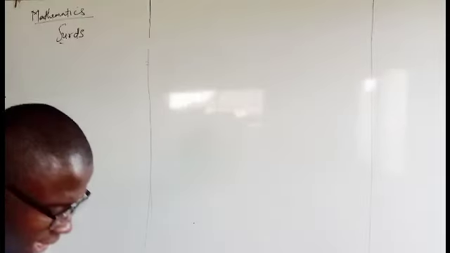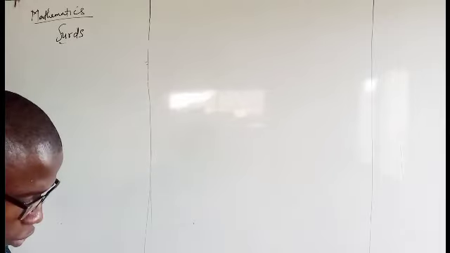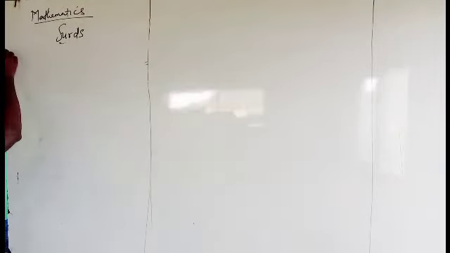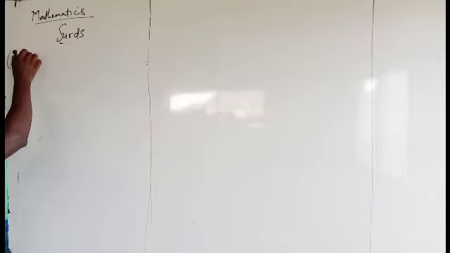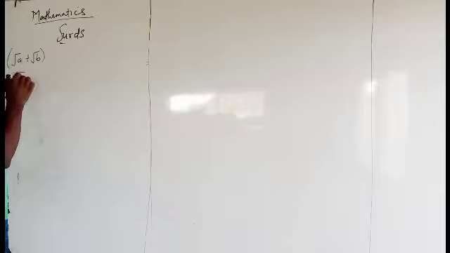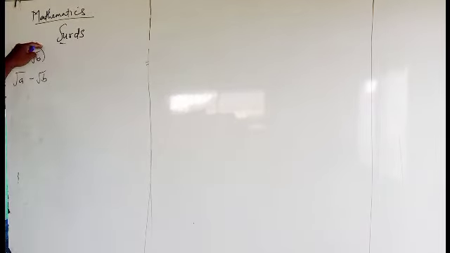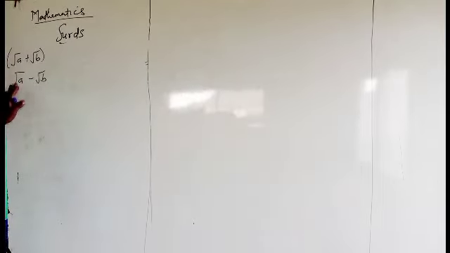Now, let's look at a conjugate surd. Given the surd root A plus root B, its conjugate surd will be root A minus root B. So all we are saying is, if the first term was positive, the conjugate will be what?